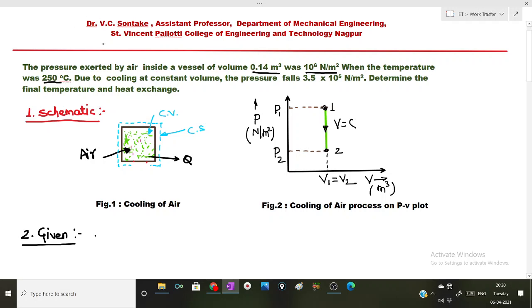Now let us enlist all the given parameters. Initially the volume is given, V1 is equal to 0.14 meter cube and this is equal to V2 because it is a constant volume process.